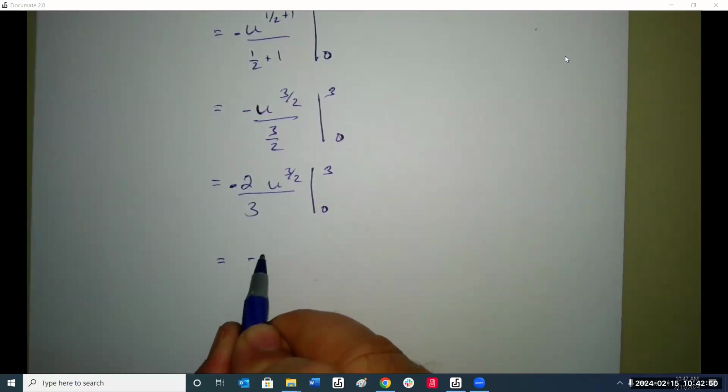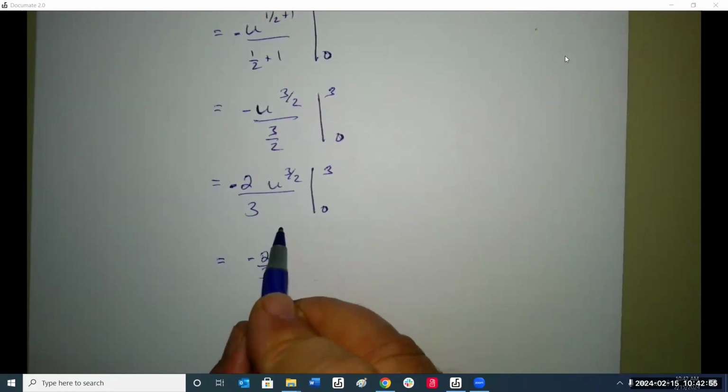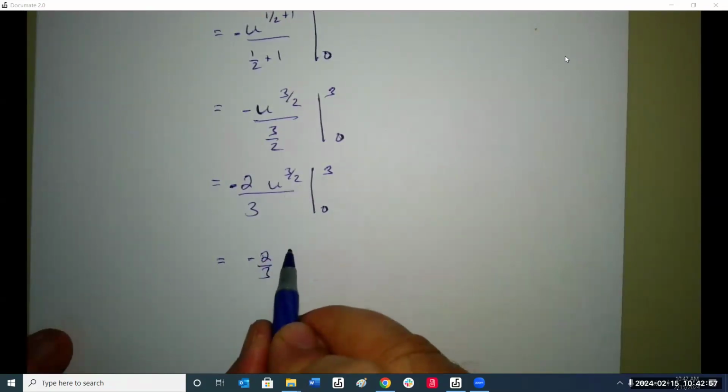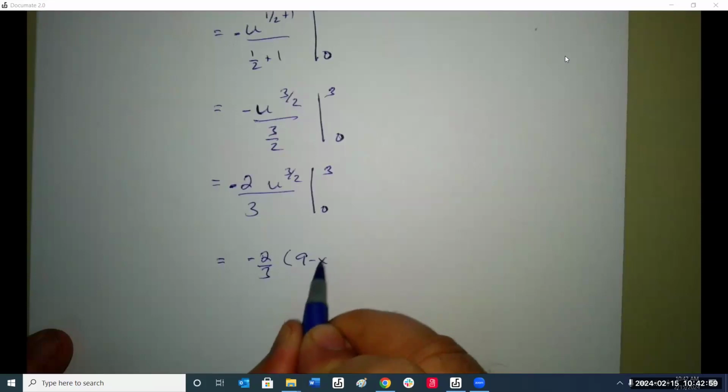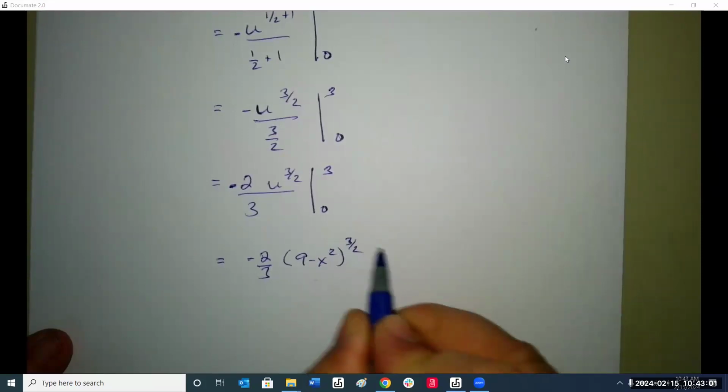Negative 2/3 times u, where u is 9 minus x squared, to the 3/2.